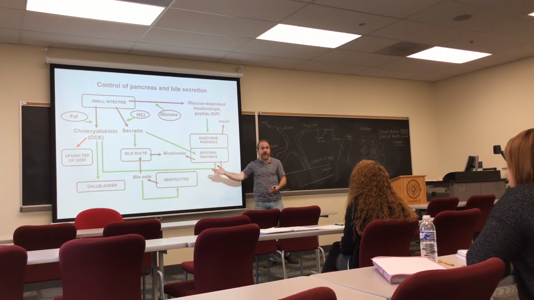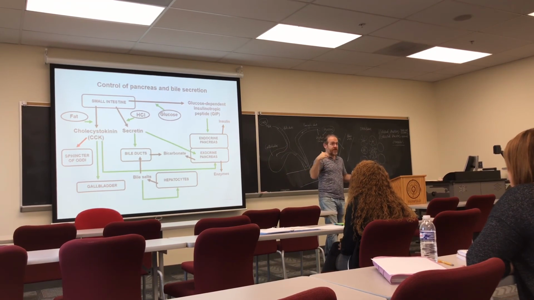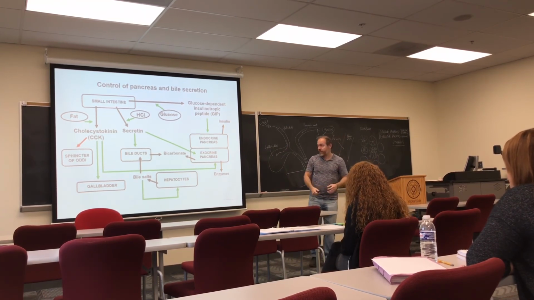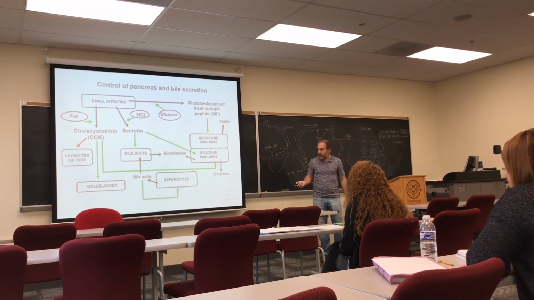Digestion of food in the duodenum, right? You still have particles that are going to be really small, but you still need to digest them further. And you're going to use basically the enzymes and the bile to finish digestion, all right?